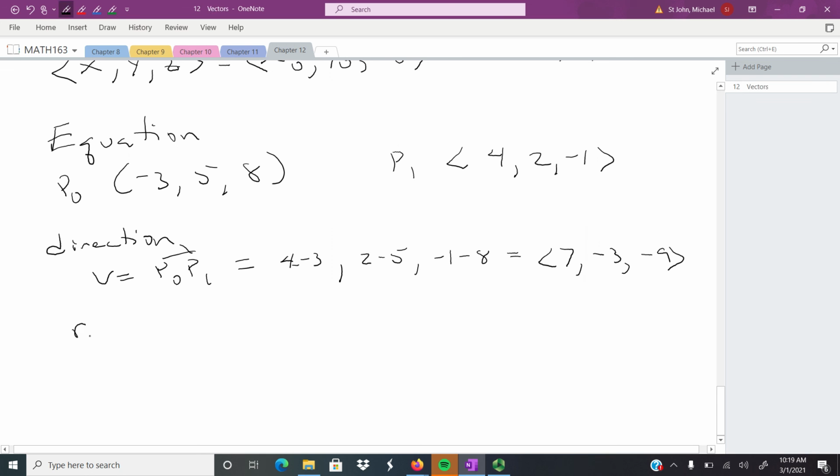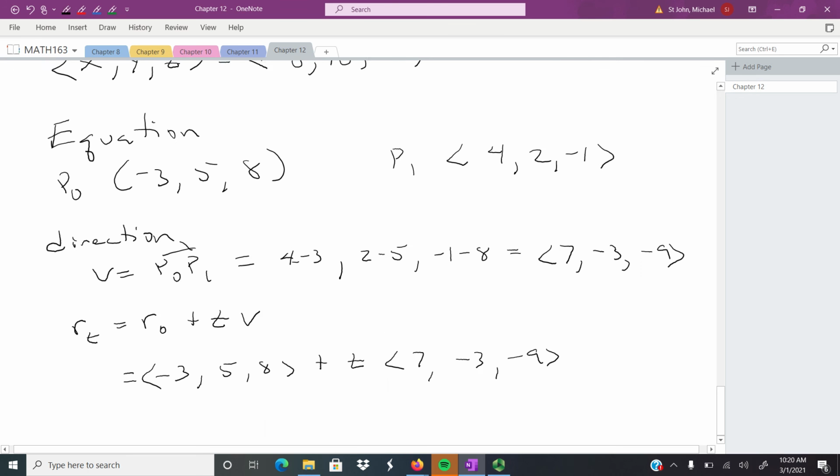So R sub T equals R naught plus T times V. So this is minus 3, 5, 8 plus T times 7, minus 3, minus 9.